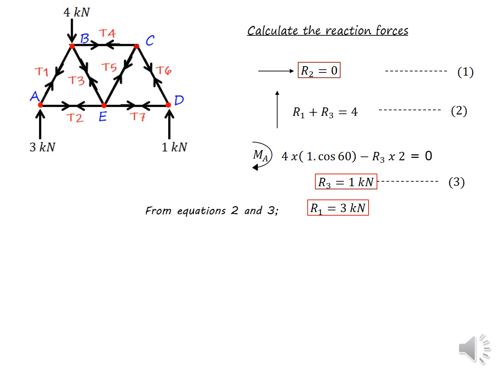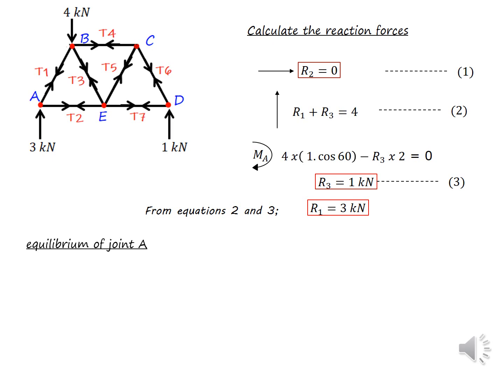If I consider B, there are three member forces, T1, T3, T4. If I start with B, there are three unknowns, which I can't solve using the two equilibrium equations. Similarly, joint C or E, the thing is the same. We can't start with those joints because there are more than two unknowns.